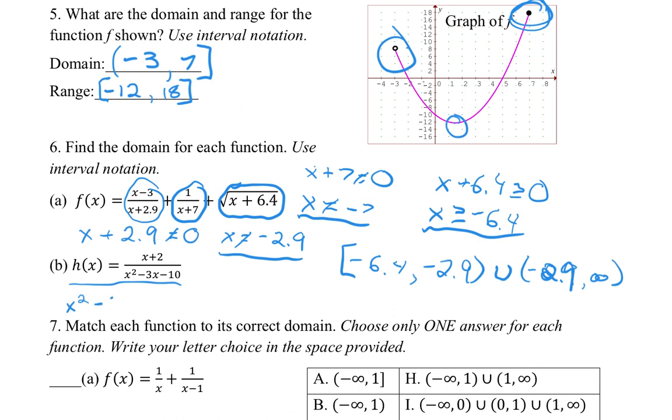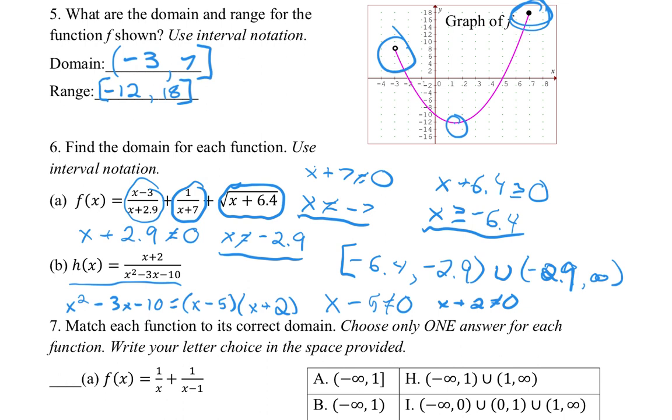X squared minus 3x minus 10 equals x minus 5 times x plus 2. Now, even though those x plus 2's will cancel on the top and the bottom, we still need to consider that for the domain. Again, we can't divide by 0. So x minus 5 can't equal 0, and x plus 2 can't equal 0.